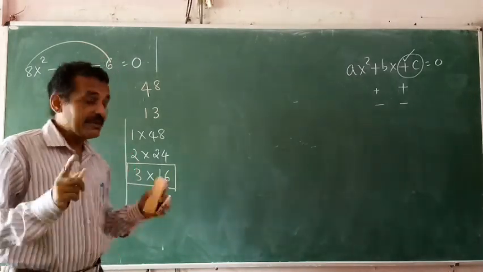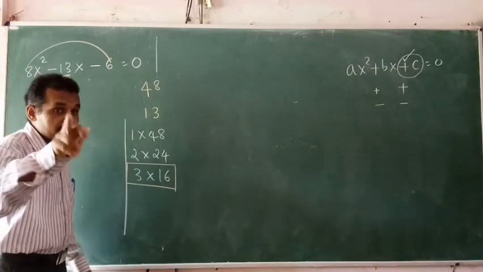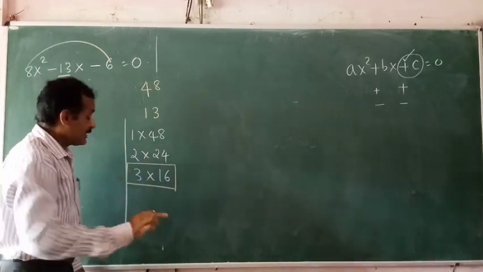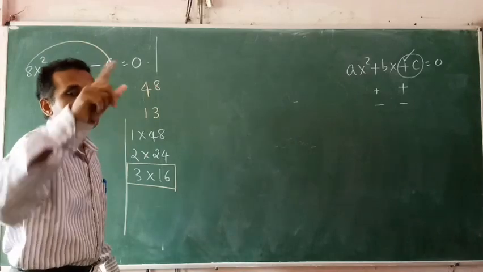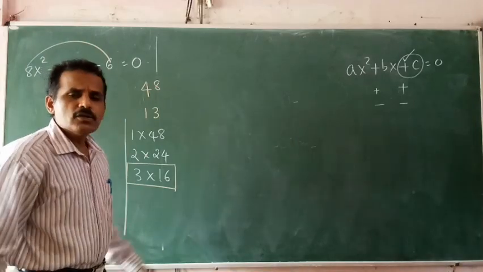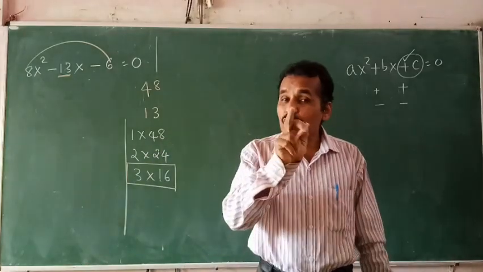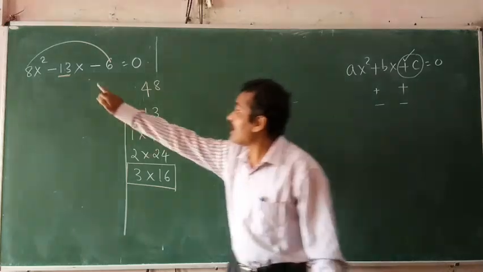One plus and one minus. Okay, for whom should I give which, my dear children, listen here now. They will never have plus plus. They never have minus minus. Middle terms have only one chance, one plus and one minus. So which will get the plus sign, which will get the minus sign? This is not your choice. You can't decide it. That will be decided by this sign.